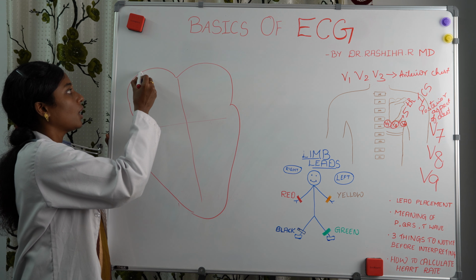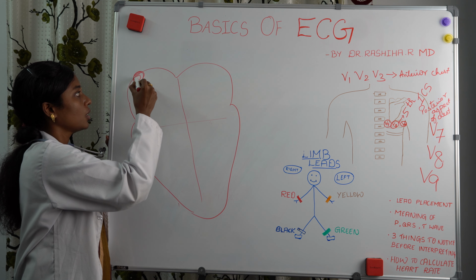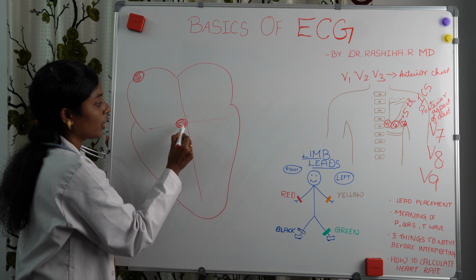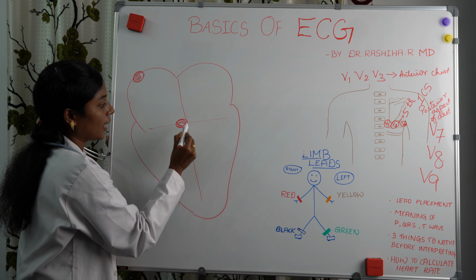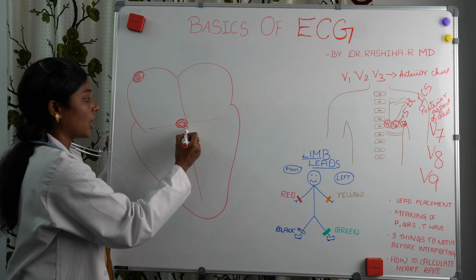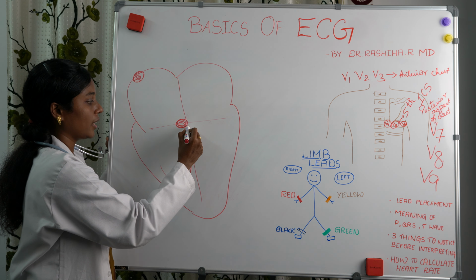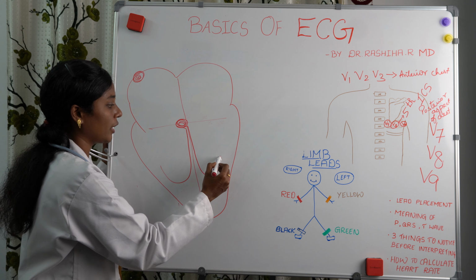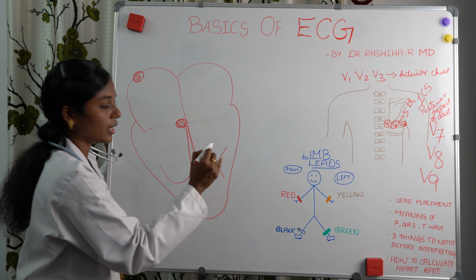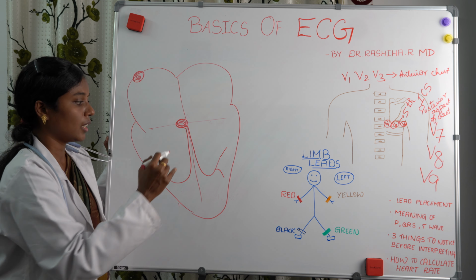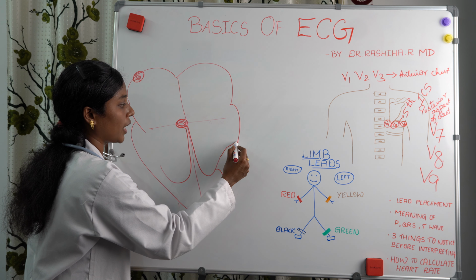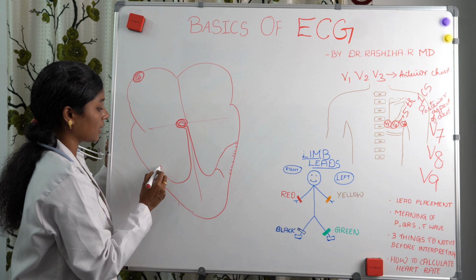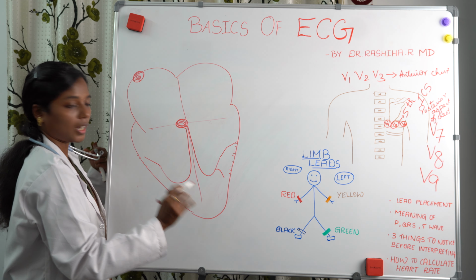We have the SA node here, we have our AV node here, we have the bundle of His, and then we have the right bundle branch and the left bundle branch. This left bundle is divided into the left anterior fascicle and the posterior fascicle. Following that, we have the Purkinje fibers, and this is the electrical pathway of the heart.